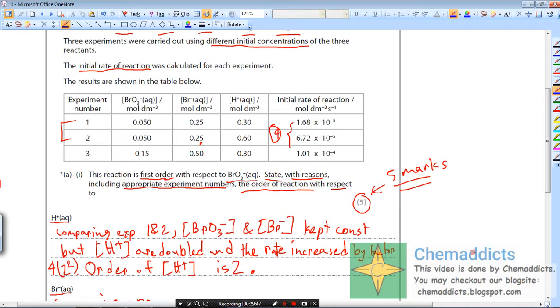So if we compare experiment 1 and 3, here the concentration of bromate is doubled. Here the concentration of bromide is increased 3 times. Sorry, it is not doubled. My bad.